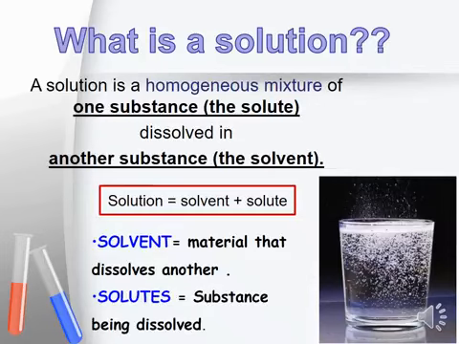Then a solution is a mixture of solute and solvent. Solute is the material that will be dissolved, like salt or sugar, while solvents are the substances that will dissolve these solutes, like water or alcohol. Later on, we are going to discuss these solvents.